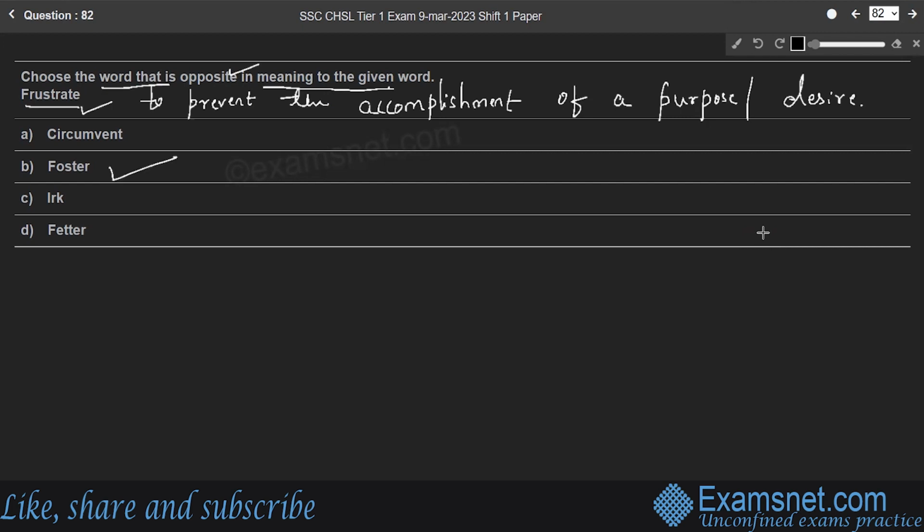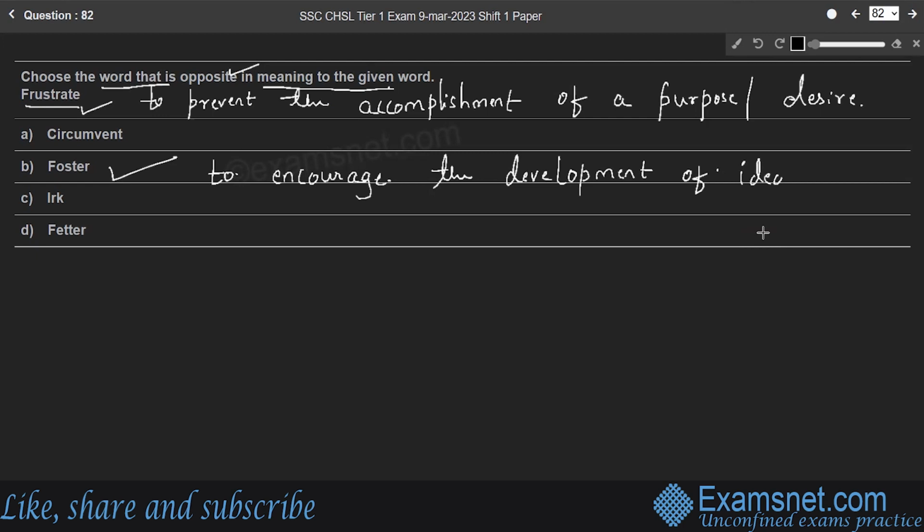So which is the opposite meaning to the given word. Foster means to encourage, not to prevent. It is to encourage the development or accomplishment of a purpose or desire. It may be a relationship, idea or feeling or purpose, right?